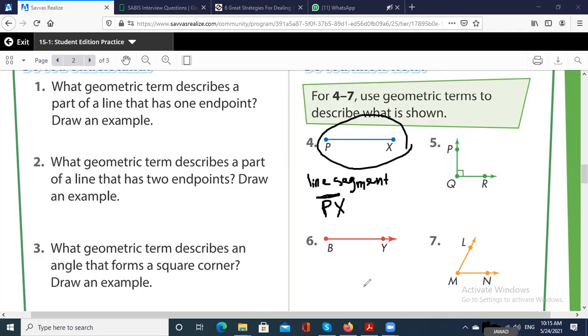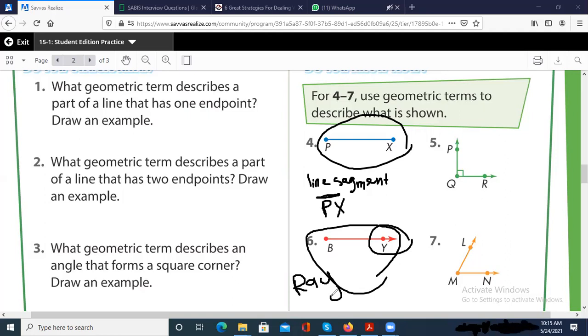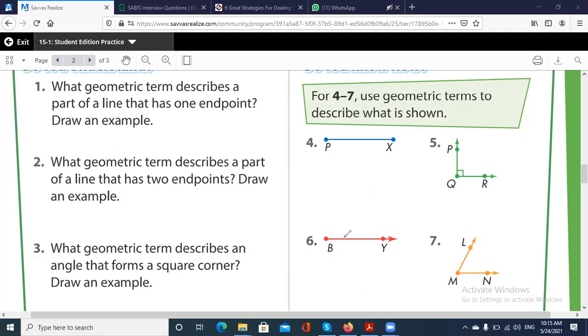Now look at this one. This one has one arrow, so it's a ray. If it has one arrow, that means it's a ray. Now this ray, if I want to name it, let's name it here.